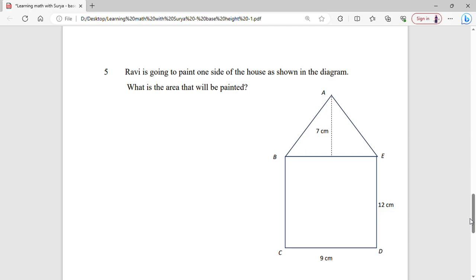So what is the area that will be painted? So basically you have a rectangle and you have a triangle. So let's do first, what is the area of a rectangle? So area of a rectangle would be length times breadth. So that would be 9 times 12, which is 108 cm squared. So this is something which you should know, square and rectangle.